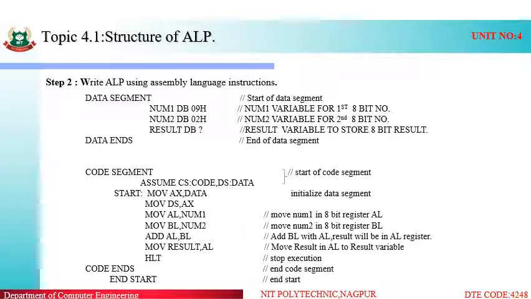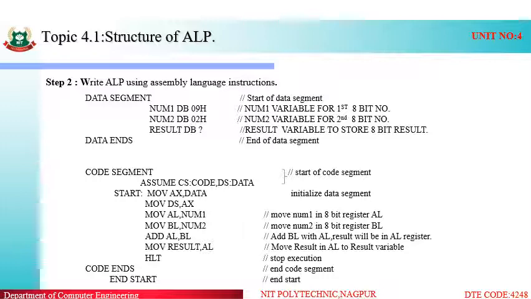Now next we have taken a variable called result to store the result. So now where is the result? In AL. So move result comma AL, that is whatever result is present in AL will be moved into the variable named result.